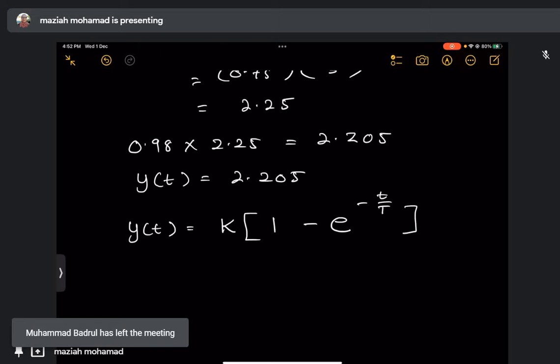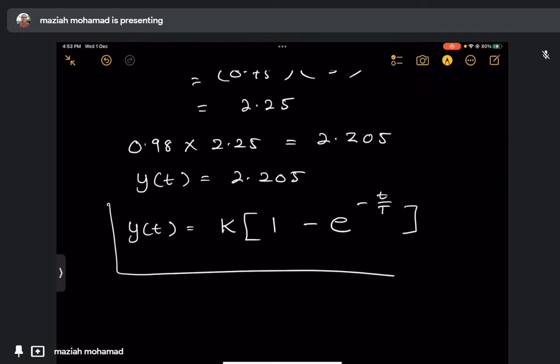Before this the standard equation is 1 minus exponent negative t over T, but it's actually multiplied with K because we consider K equal to 1. So this is the general transfer function.